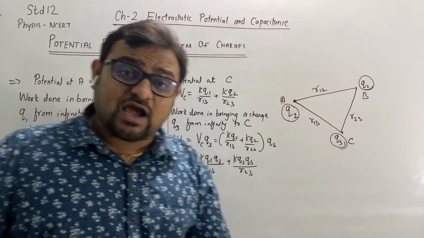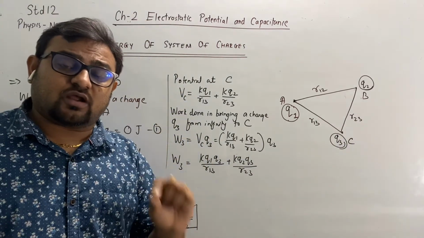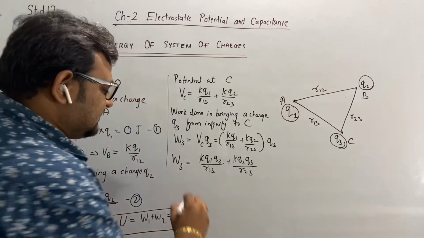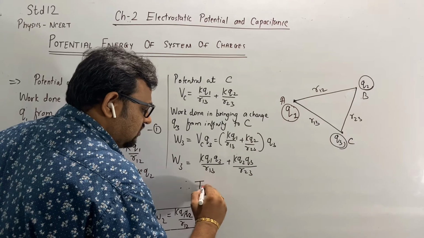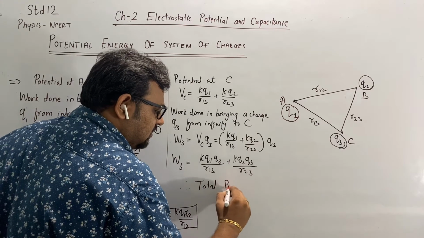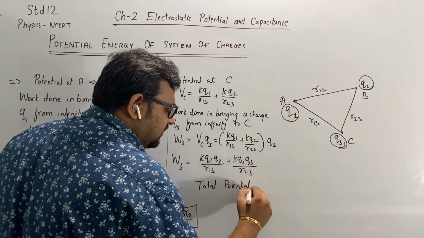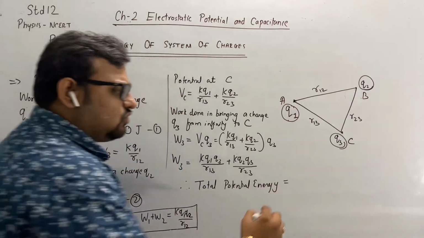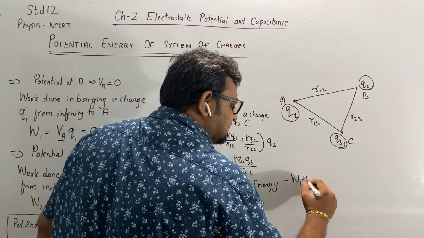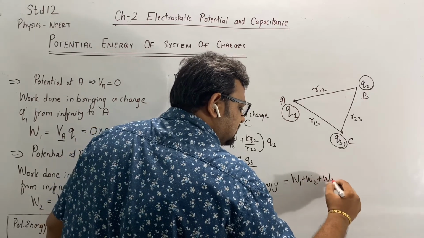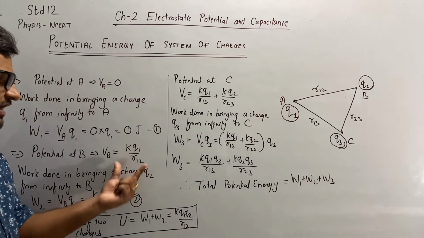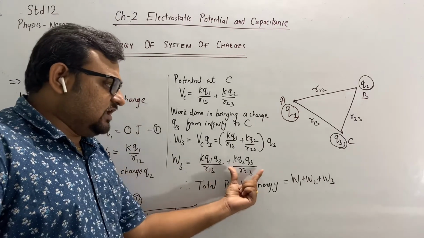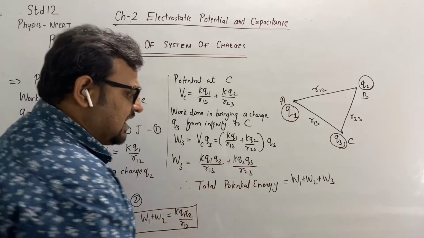Now the total work done is stored in the form of potential energy. Therefore, the total potential energy will be equal to W1 plus W2 plus W3. So 0 plus K Q1 Q2 upon R12 plus K Q1 Q3 upon R13 plus K Q2 Q3 upon R23.